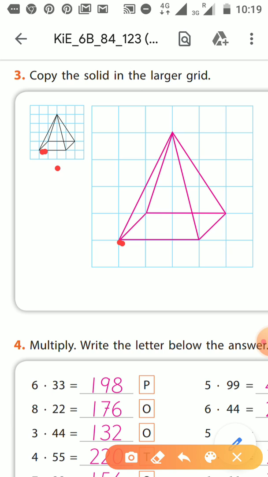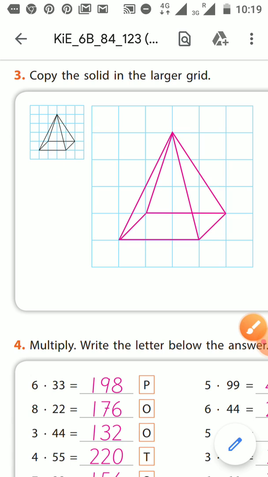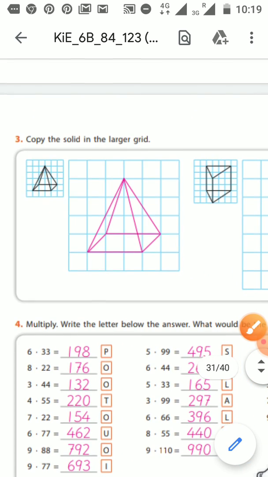If you count, this is 1, 2, 3 squares here, and this is 1, 2, 3 squares here, and then it copies this diagonal. So this is going up 45 degrees here, and this is going up 45 degrees here, 1 square. So you're just copying the same shape, but it's on a bigger scale, so it goes all the way around like this. Okay. So that's how you do it to copying a little larger figure.